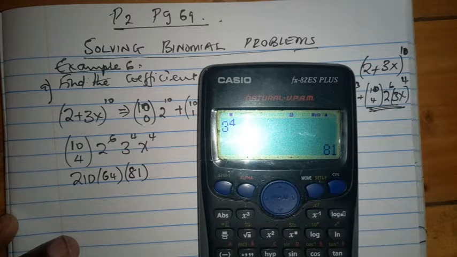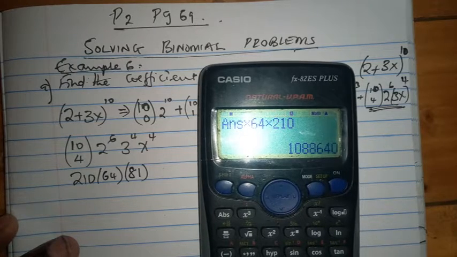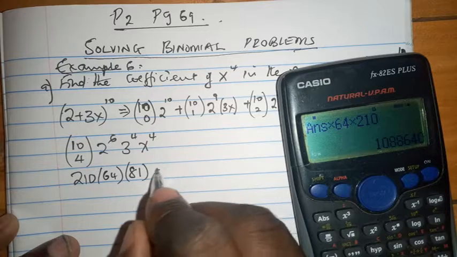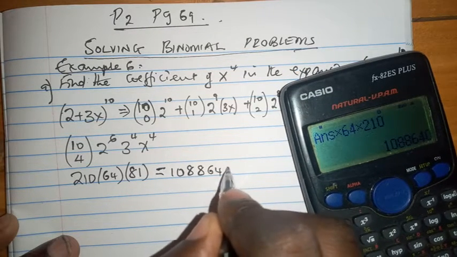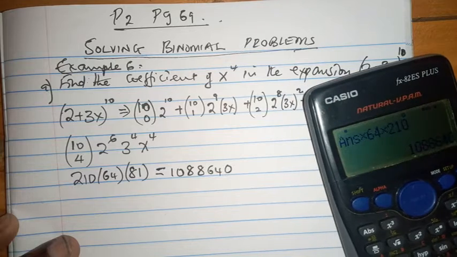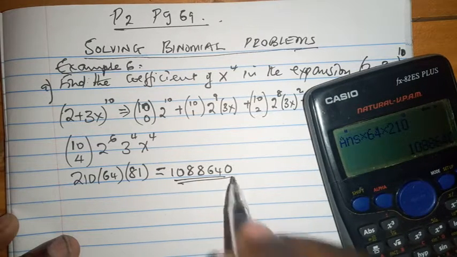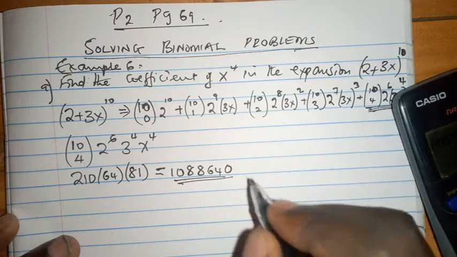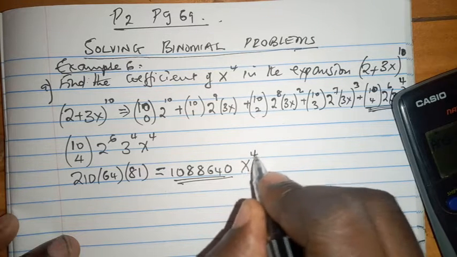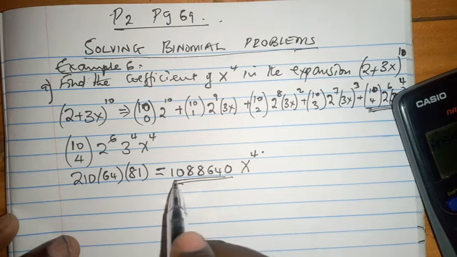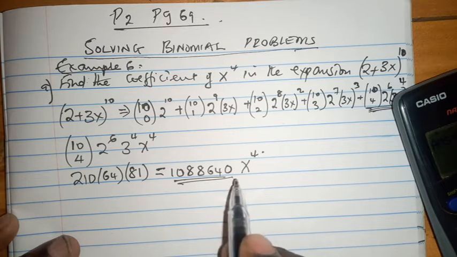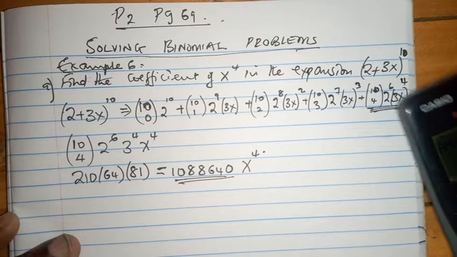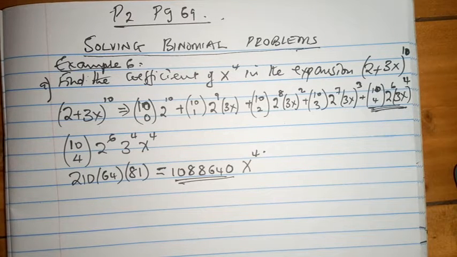So 81 times 64 times 210, and the answer is 1088640. That is the coefficient of x to power 4, and that is the end of that particular question.